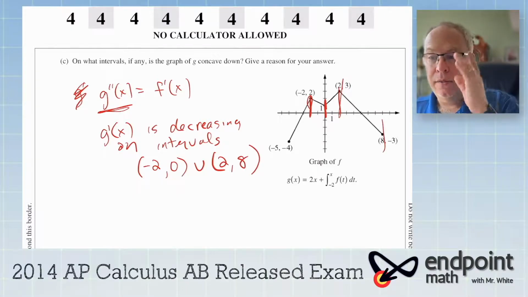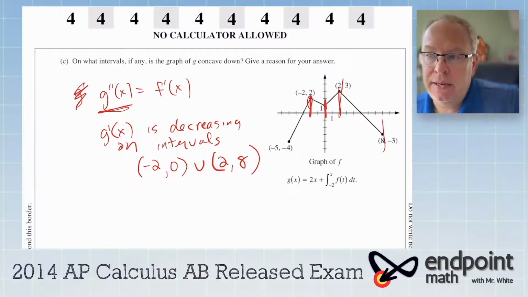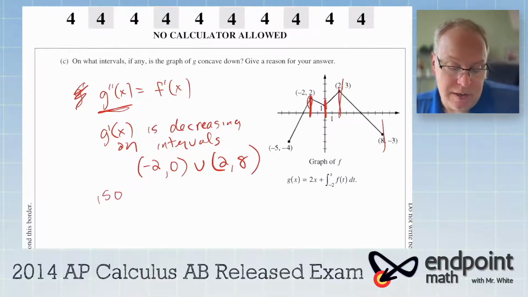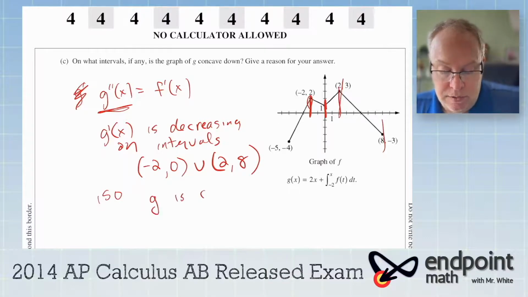So that's when this thing is, just check and make sure I got that right, and I did. And they also have here, make sure that you say your reasoning is g prime is decreasing on intervals. Okay, you could even say, so g is concave down. You don't have to say that, but all right.